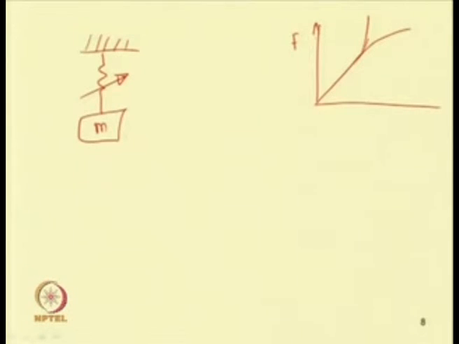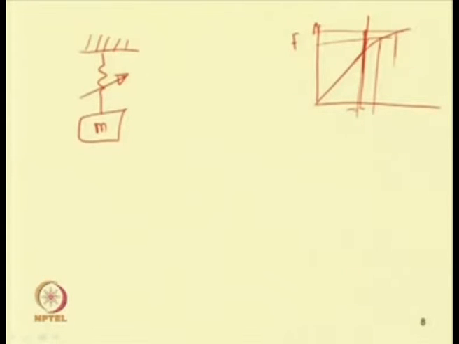So, let us take 2 points on this. This is one point and this is another point. For the small deflection, we have to apply a large force, and in this case, with the same forcing, let us take this force.